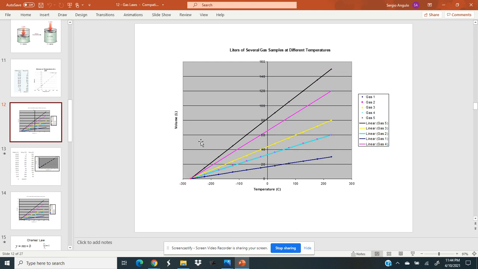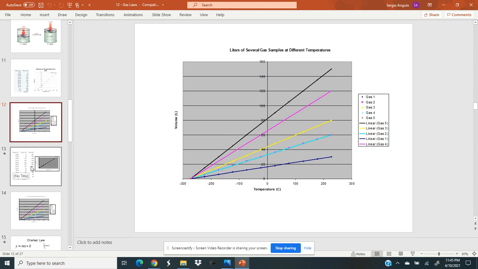And so what they did is they made up a new temperature scale. Hey, this is the coldest we can make it. Whenever we get our temperature down to this temperature, our volume goes all the way down to zero. They actually never got it down to zero. You can't actually get a volume of a gas down to zero. But if you plotted the points, they would all meet at the same point.